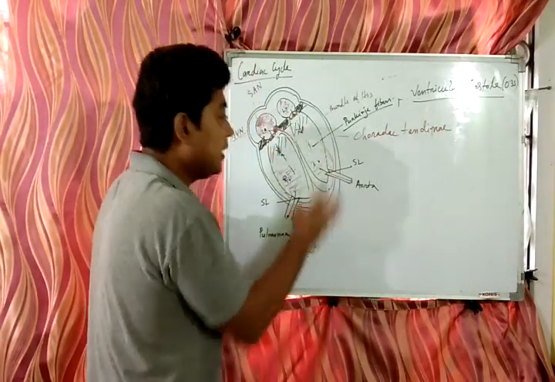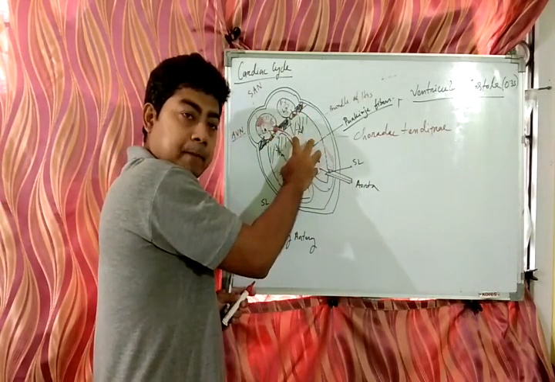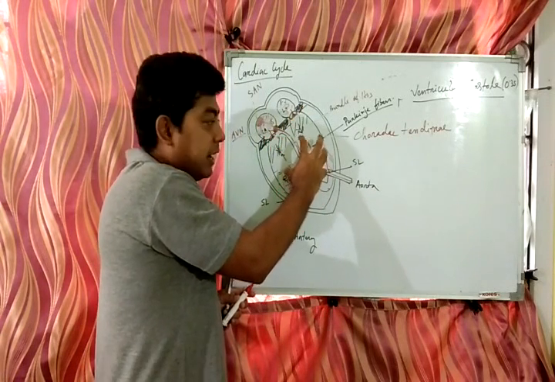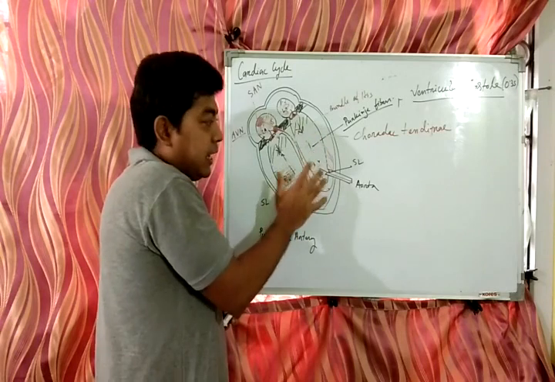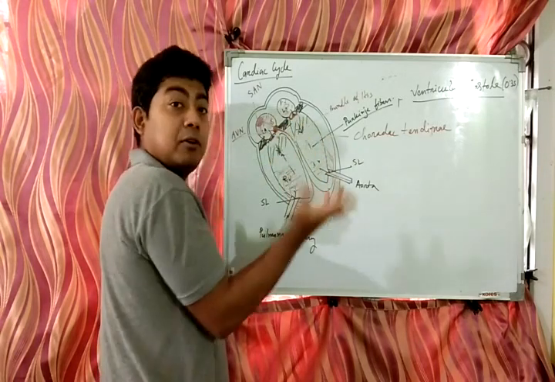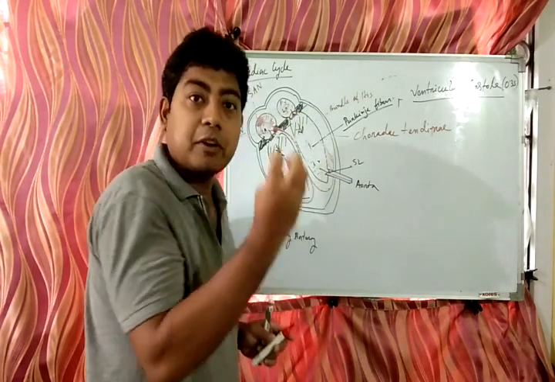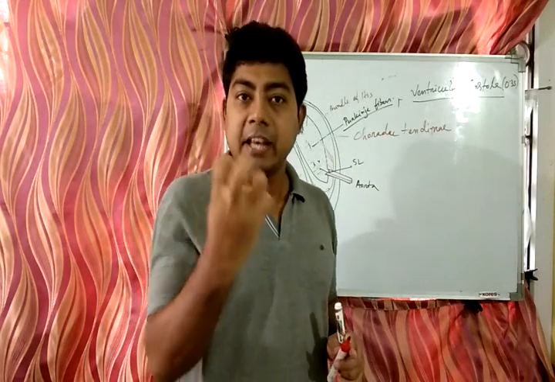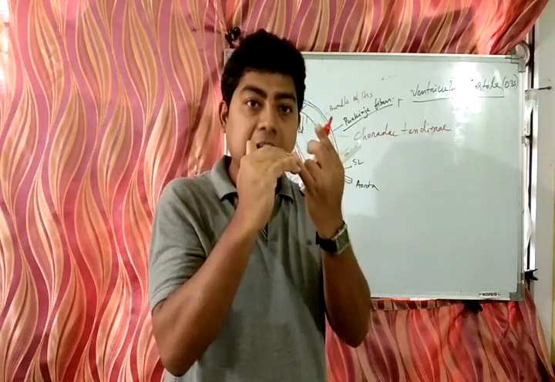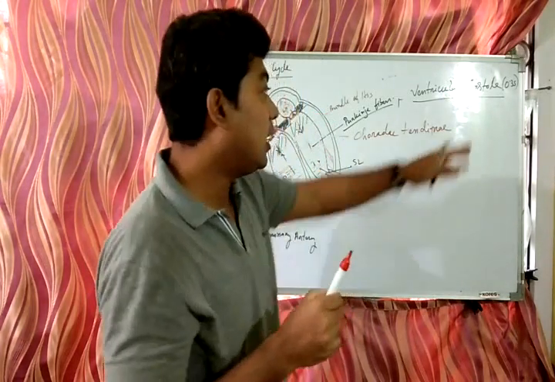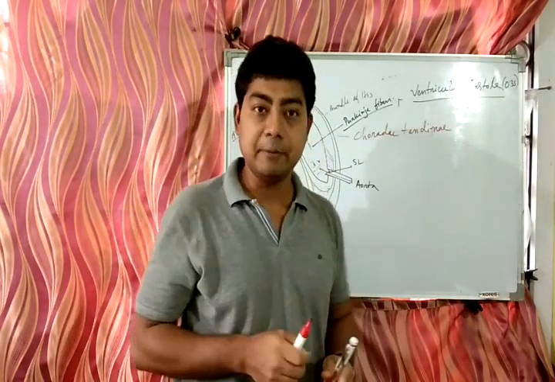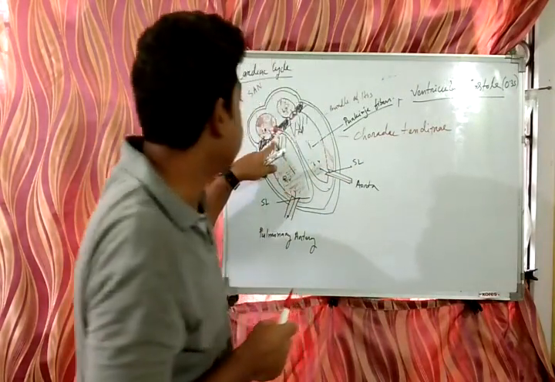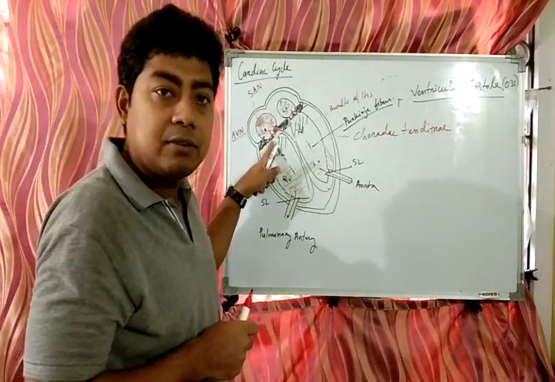When it is moving, there will be less pressure available here, and this valve is closed because of the contraction in the ventricular parts. When there is less pressure available, automatically the valve should open again, but it is protected by the chorda tendineae. They keep the tricuspid and bicuspid valves closed for this 0.3 second. That means even when less pressure is available, the AV valve does not open.